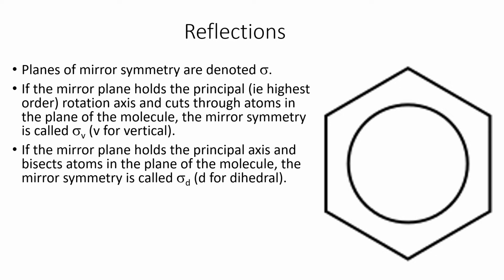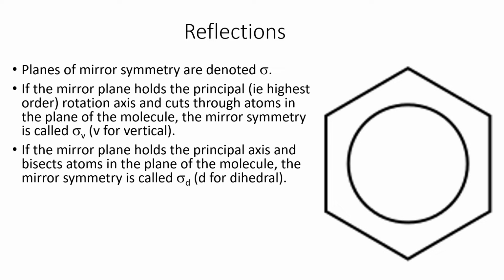But as well as those planes that cut through the atoms, or the corners, there are also going to be planes which similarly run along the principal axis, but in this case bisecting the bonds, or bisecting the atoms halfway along the edges.